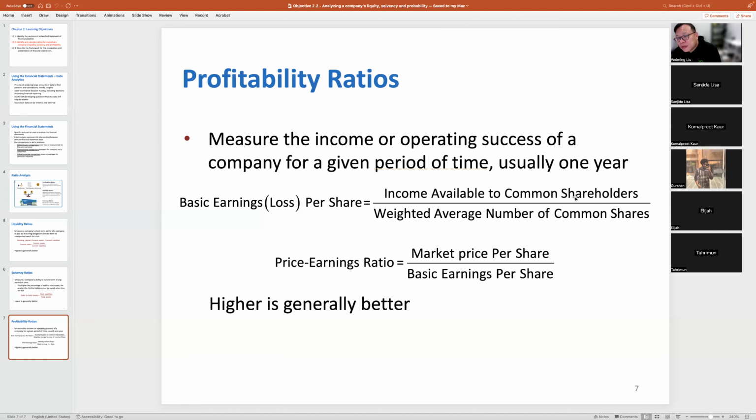So the income could be divided among preferred shareholders and the common shareholders. Remember, we talked about the common shareholders are the shareholders who have voting rights. Therefore, they have ownership of the company. The preferred shareholders do not have voting rights. So they do not own the company, but they still receive dividends. They still receive the income.